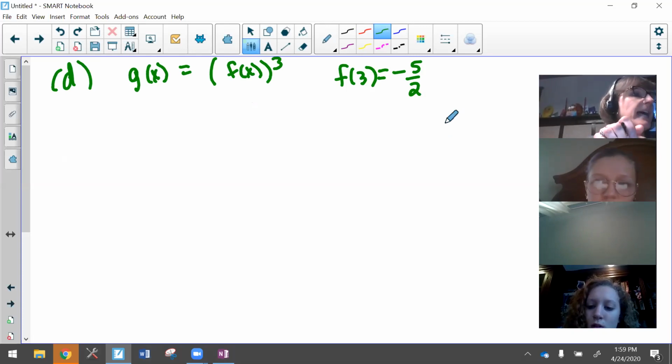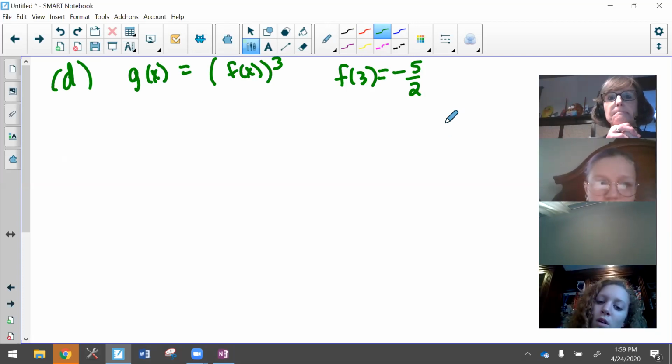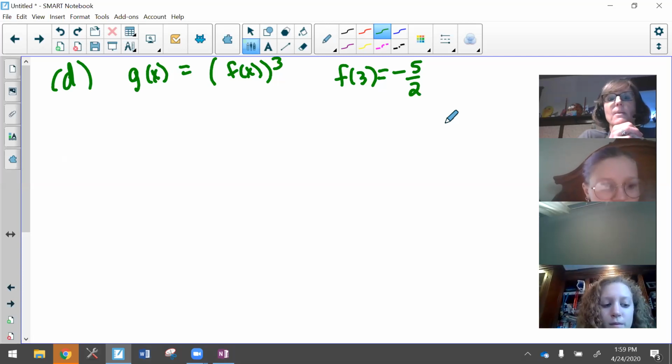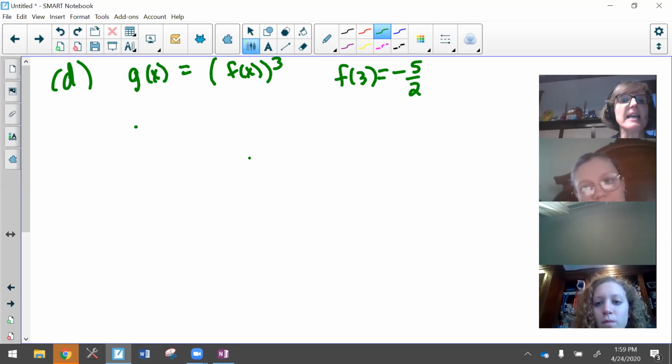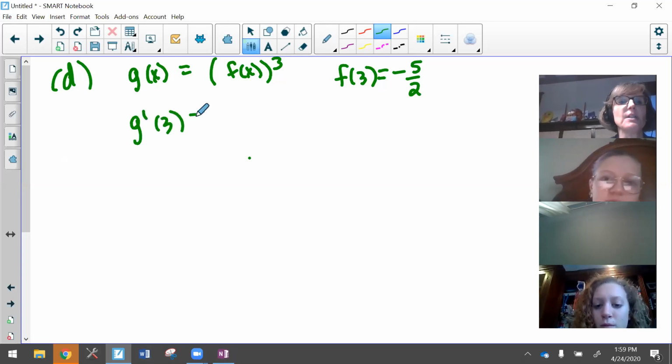So what's the calculus word for the slope of the tangent line? Derivative? Yeah, it's the derivative. Okay? So basically, I want to find g prime of 3.